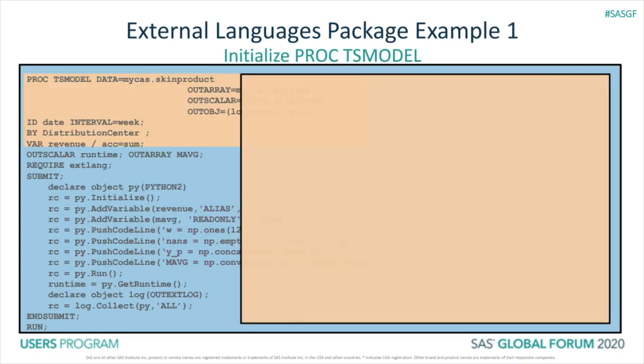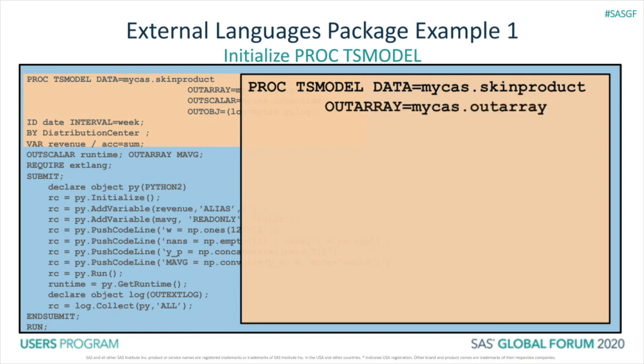The first thing is we're going to specify the parameters of our PROC TSMODEL call. The first is the input data set we're going to use, and here we're using the skin product data set in the myCast library. The skin product data set is a synthetic data set and has several time series consisting of fictional skincare product sales with a weekly time interval.